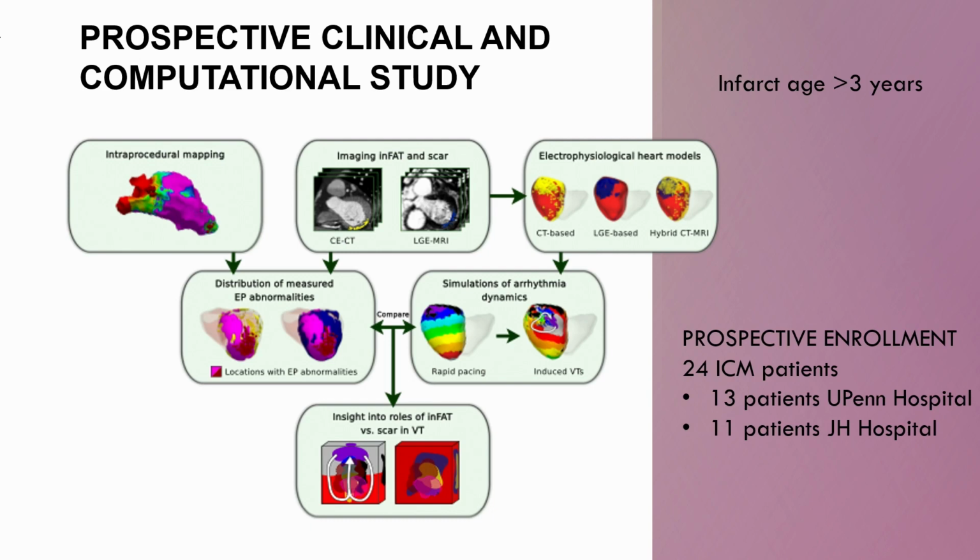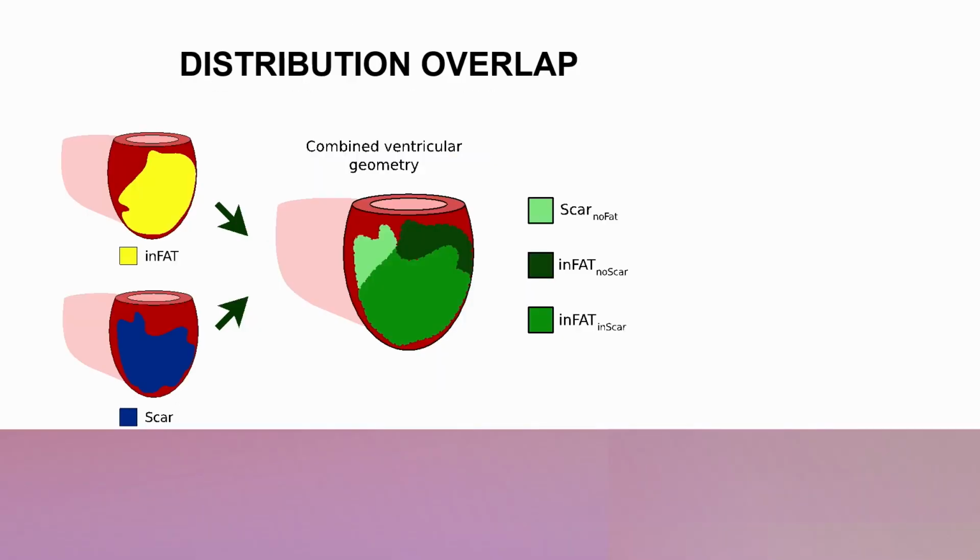The patients underwent ablation and they were mapped, and electrophysiological abnormalities, we were able to compare those with what we are predicting in our models and then look into the role of scar and fat in the VTs, where is the isthmus, and so forth. So the first thing we noticed is that fat and scar overlap, but not entirely, from the cohort we had.